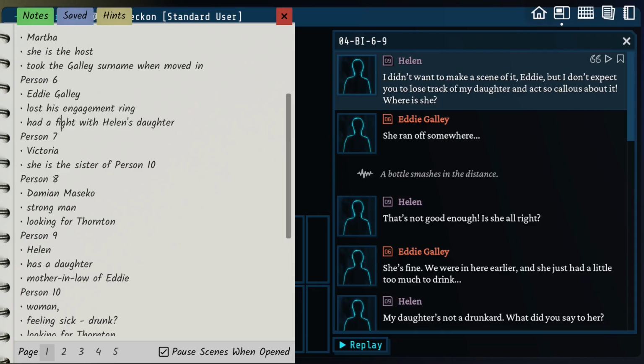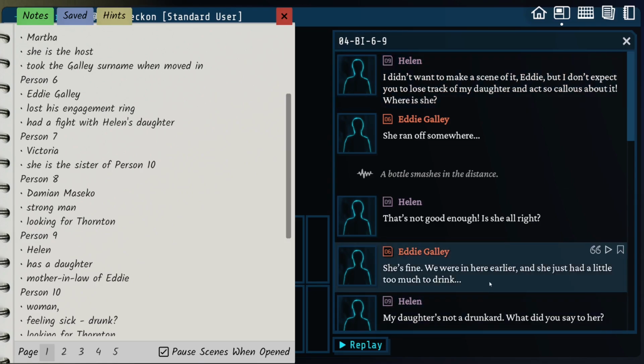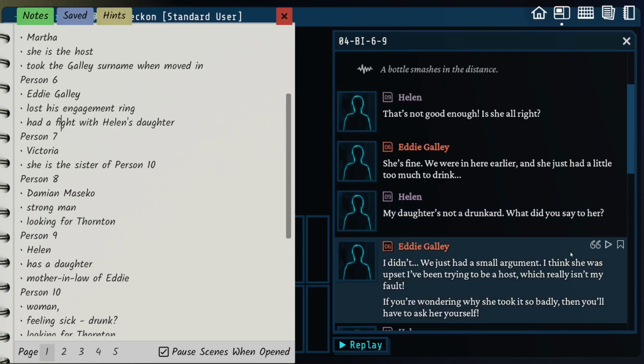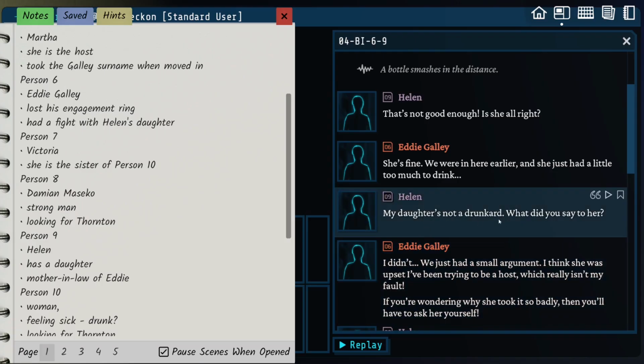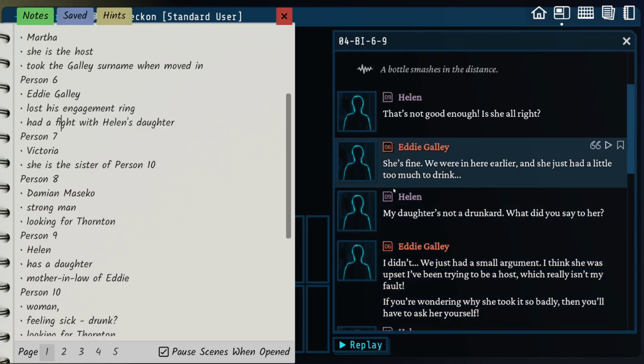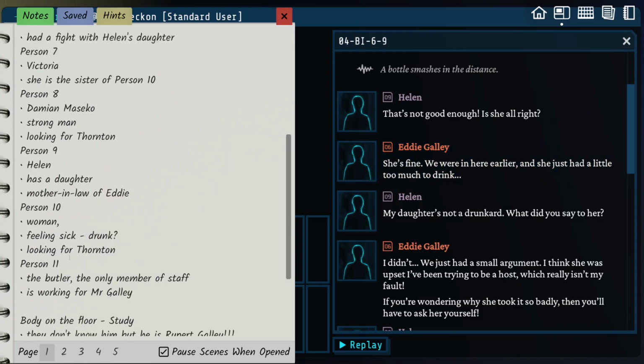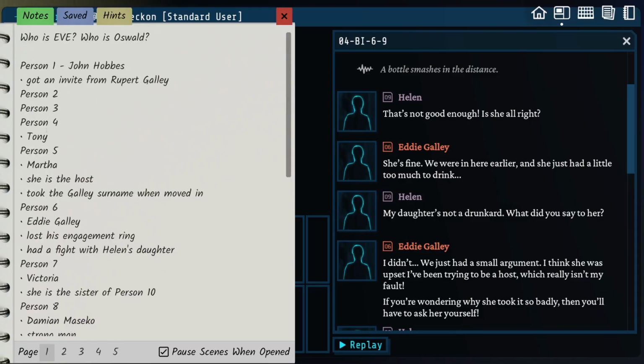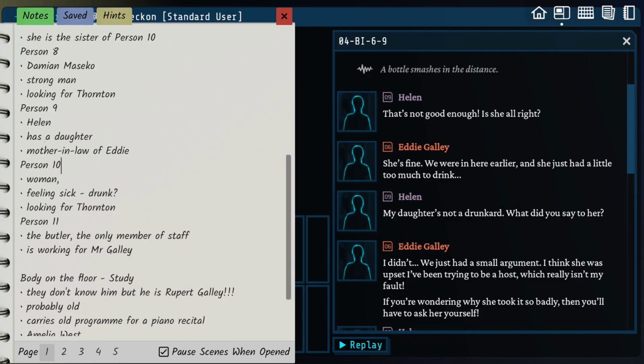But he mentions that she was drunk. My daughter is not a drunkard. Yeah, she had a little too much drink. And we know that feeling sick, drunk? Yes. So probably person 10 is this person, the fiancé?